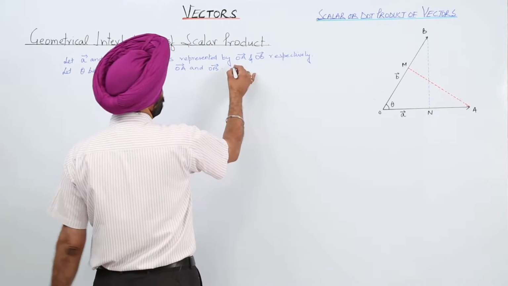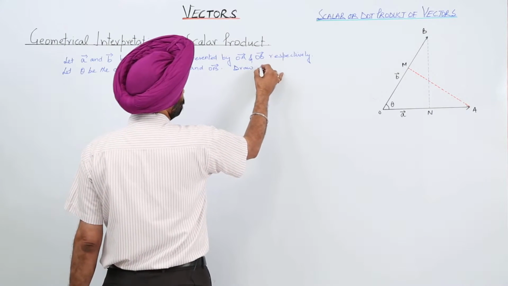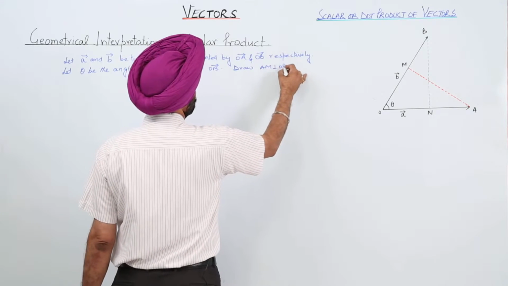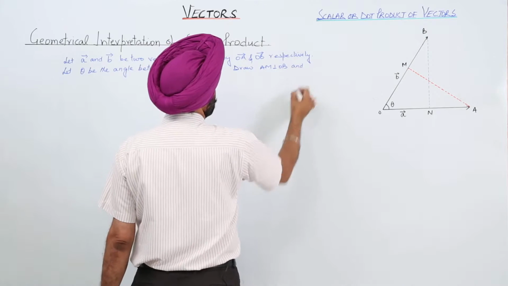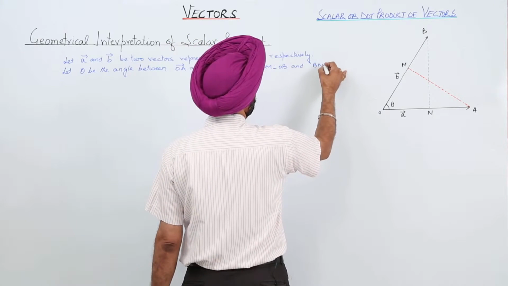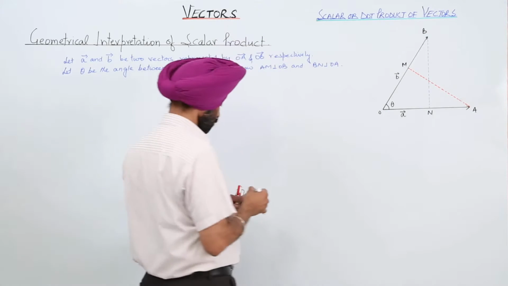Now draw AM perpendicular to OB and BN perpendicular to OA.